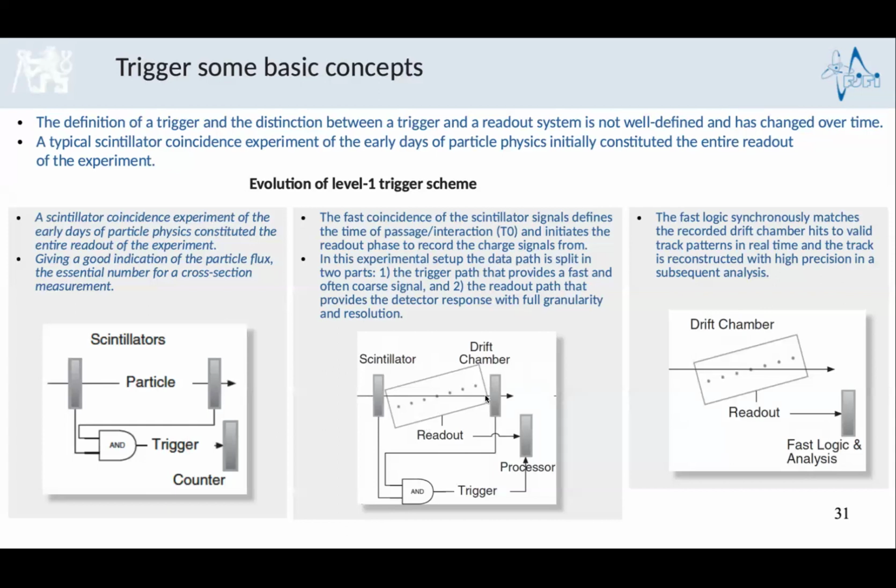In this scheme, the data is split into parts. One is the trigger that provides the fast and coarse signal of the measurement. The second part is the readout path that provides the detector response with a higher granularity or resolution, that measures in a more refined way what is happening in the experiment.